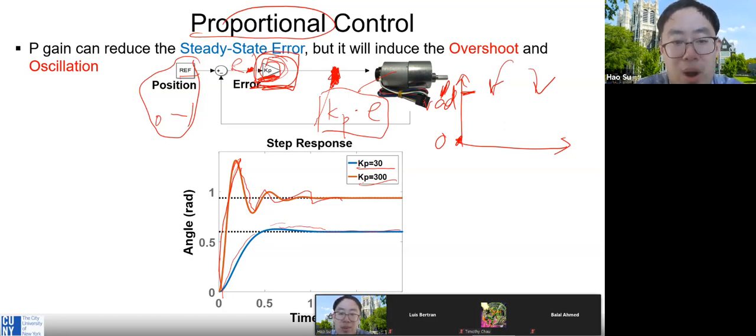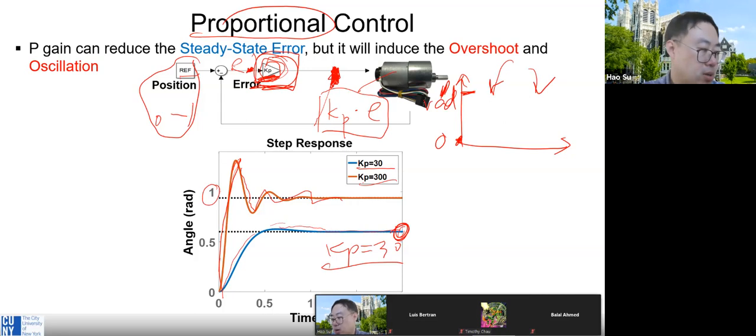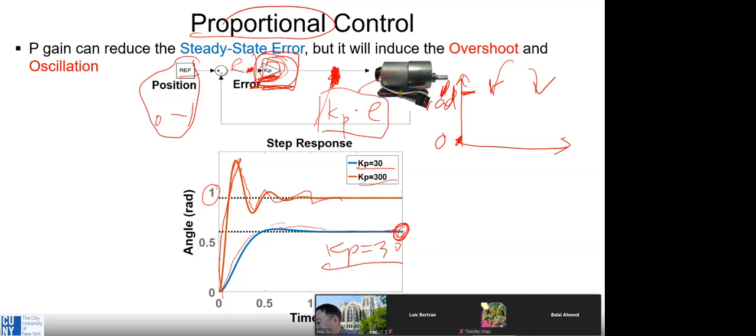So what's the problem of this? Let's say, what is the problem of this controller? This KP is equal to 30. We want to go to 1, right? So what's the problem with the KP controller, KP equal to 30? I think the voltage is going to be very low.